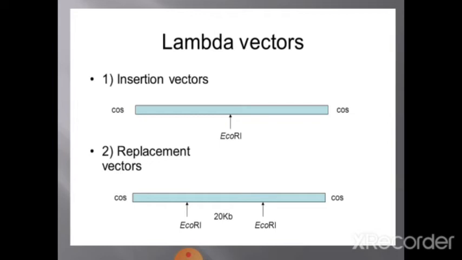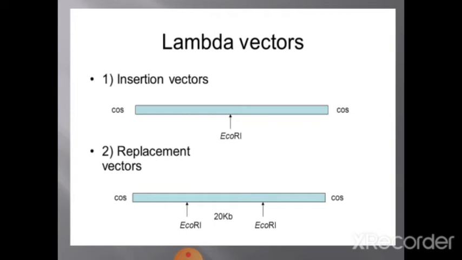So you will have two sites for cloning. You can see here the linear DNA molecule with cohesive termini at both the ends. You have two positions of EcoR1 where you find the target site for EcoR1. In between, there is a DNA segment measuring up to 20 kb.